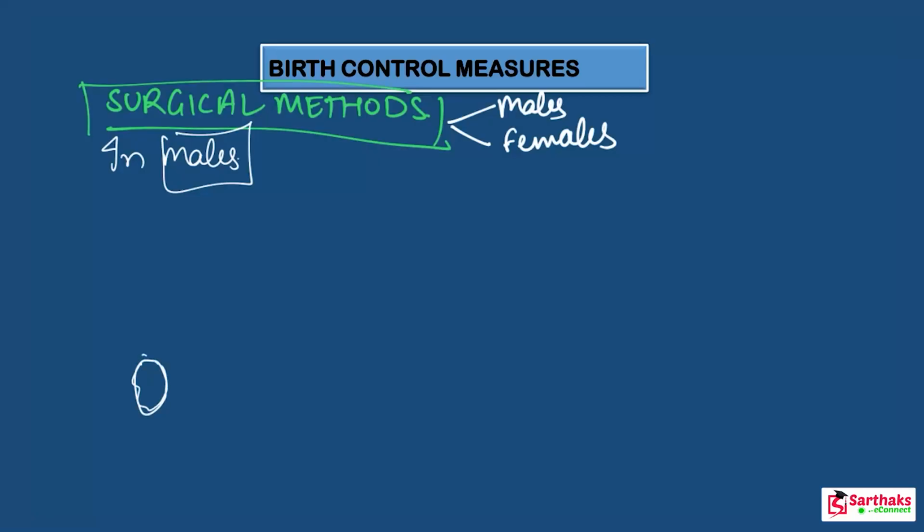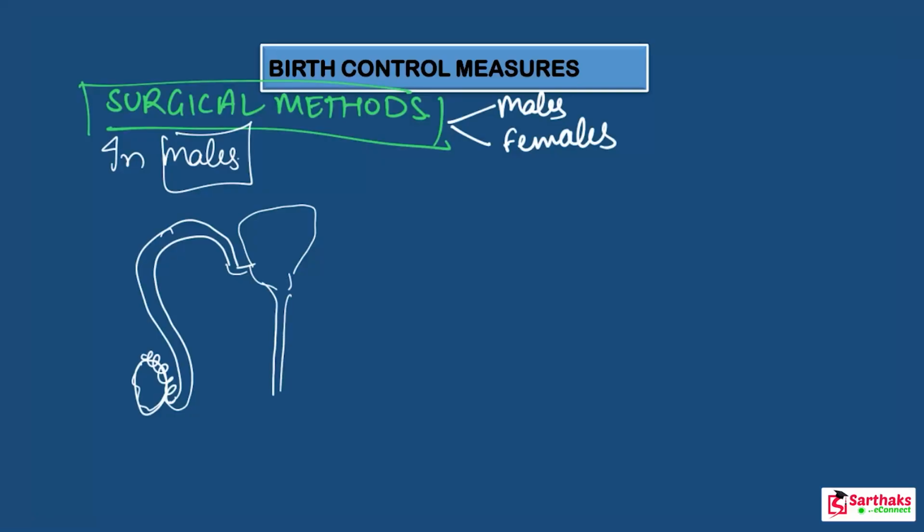The testes are surrounded by the epididymis, then the vas deferens. The vas deferens unites with the urethra, here is the urinary bladder, here the urethra, as you all know.